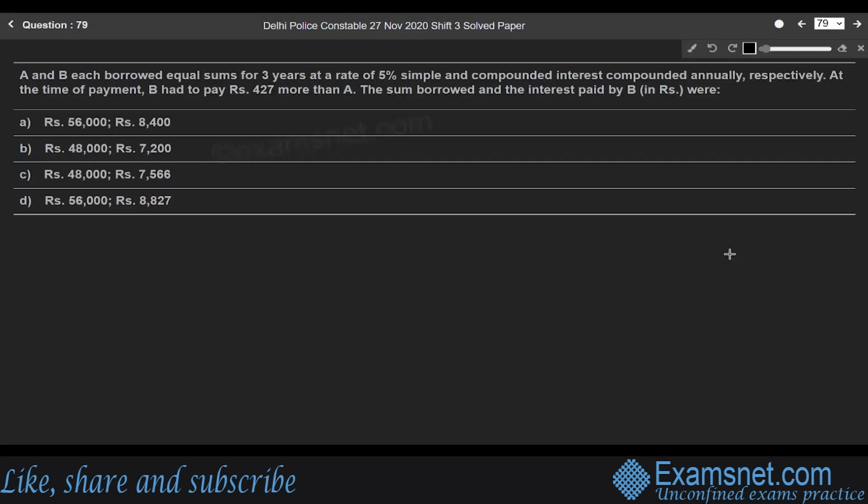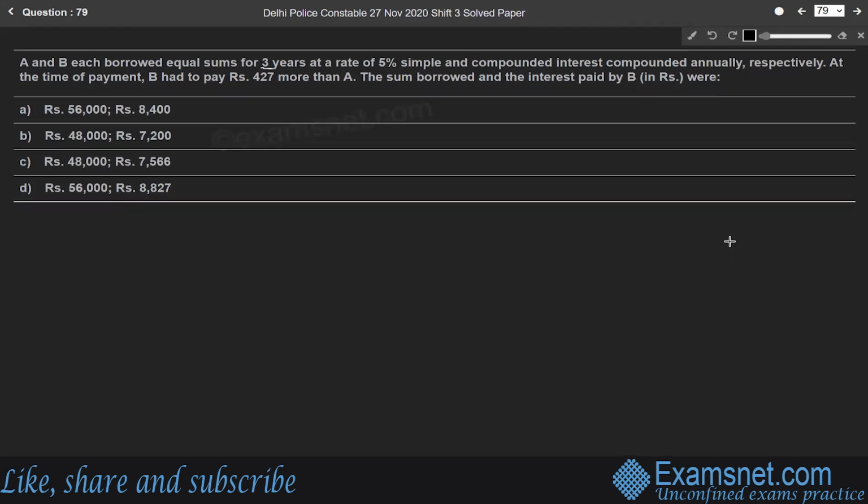Question 79. A and B each borrowed equal sums for 3 years at a rate of 5% simple and compound interest compounded annually respectively. At the time of payment, B had to pay 427 rupees more than A. The sum borrowed and the interest paid by B were. Here the given rate of interest R is 5% and time period T is equal to 3 years.